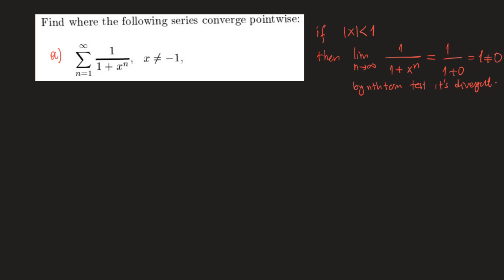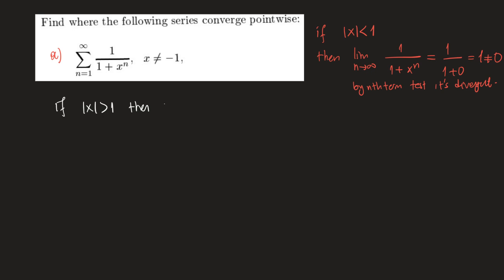Now, if the magnitude of x is bigger than 1, then since it is bigger than 1, if you take some powers of x, it exceeds 2, for example. I need 2, that's why I'm talking about 2. Why? Because since it is bigger than 1, the limit of x to the power n becomes unbounded, infinity.